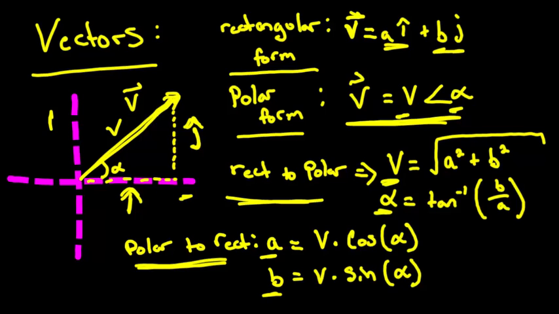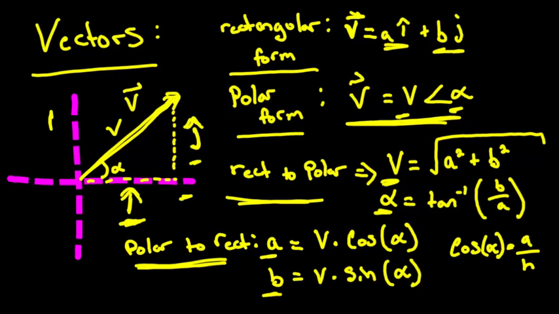Now this makes sense because we can remember from the previous chapter on trigonometry that if we want to find the x component, or this side, the cosine of that angle is equal to a over h.